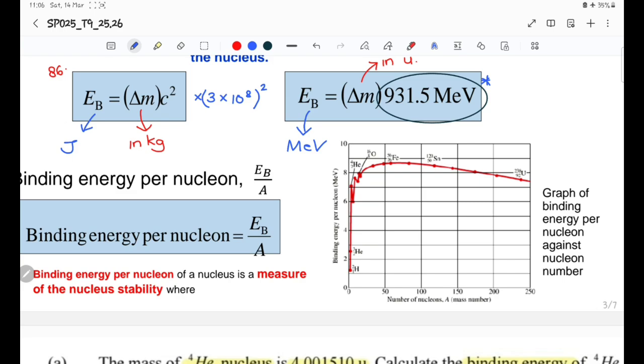Where it shows this region from 50 to 80, the particles or the elements are the most stable elements, where iron 56 is the most stable element that we have in our periodic table. So the higher the value of EB per A, the more stable the element is. Okay, alright, so let's look at a question to check our understanding.